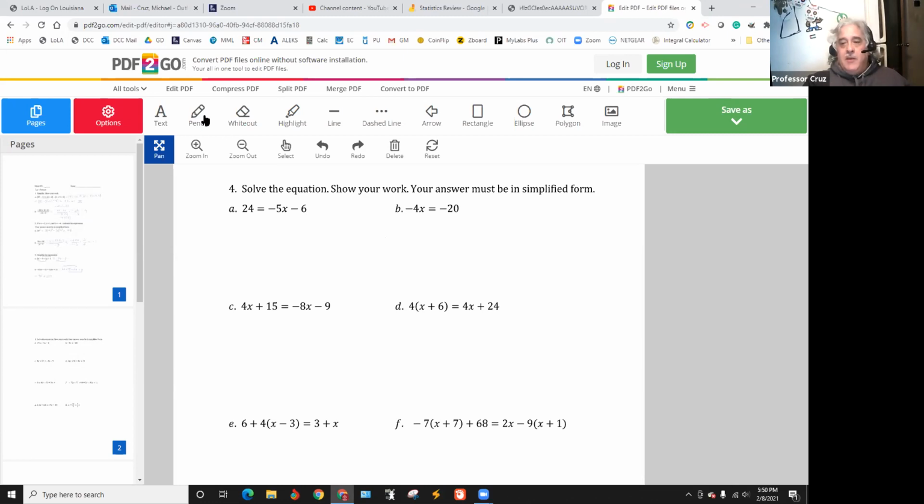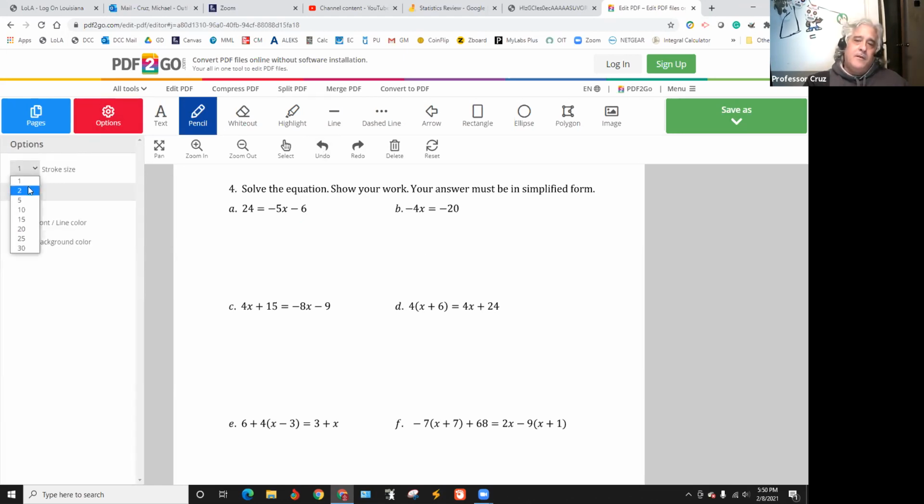In some of these, I'm used to, for the most part, I would put my x's on the left and my numbers on the right, and that's always fine, but you don't have to do that.